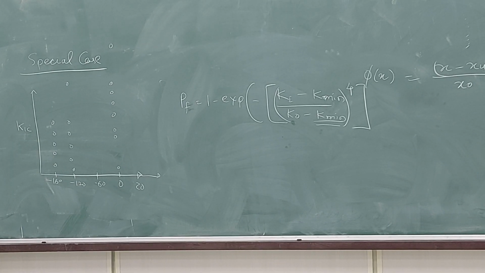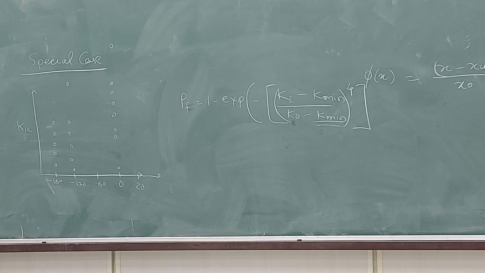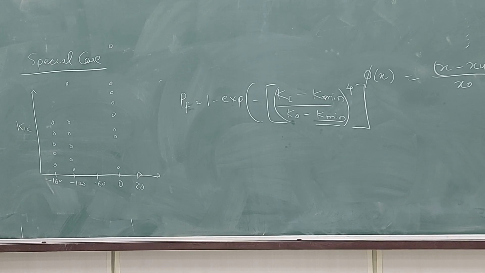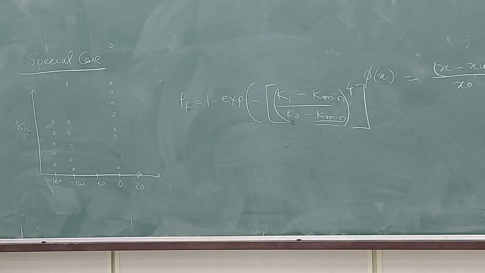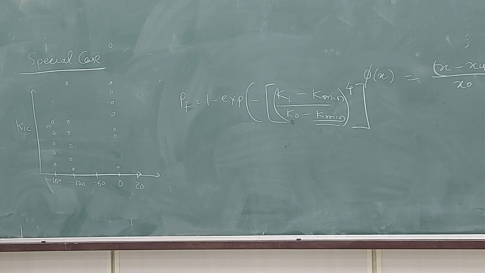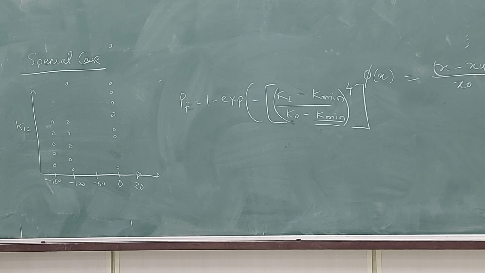So what are those circles? Those circles are one test each. So what is happening here? It is not acting as a material property. So you get different values for different specimens. Why is that happening?